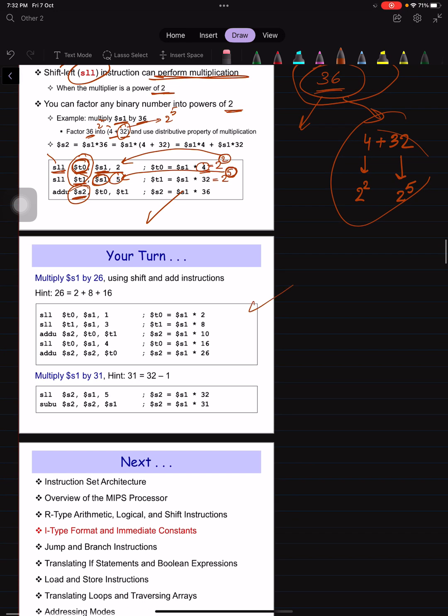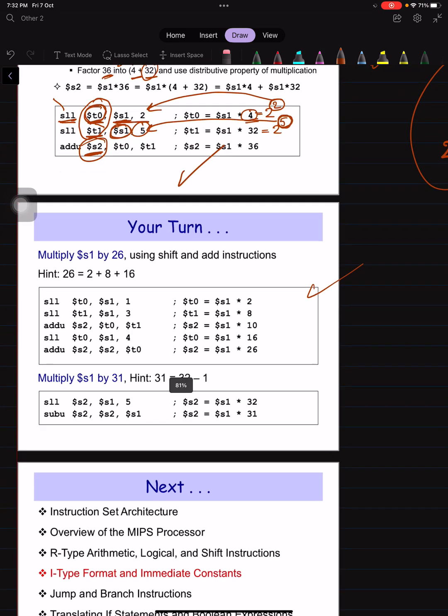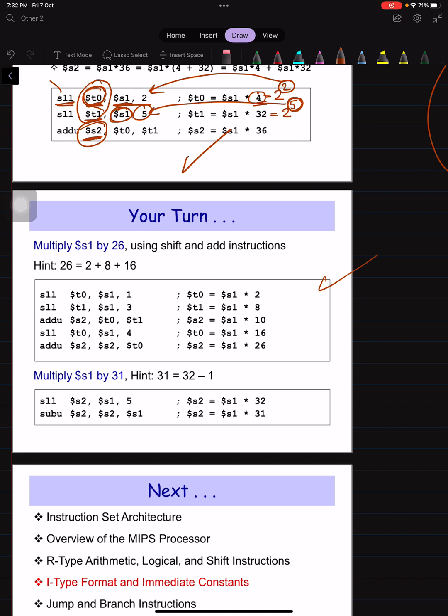Now this is your turn. Go ahead and try to dive into the way of doing it. So again, we want to multiply S1 by 26. 26 is nothing but 16 plus 8 plus 2. Why did we convert to this?